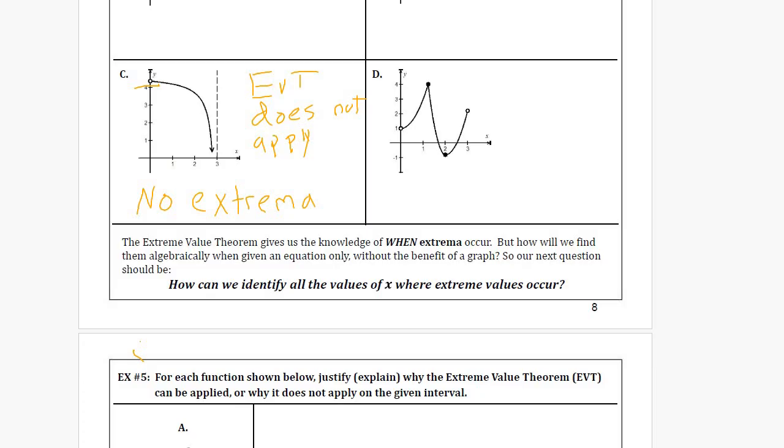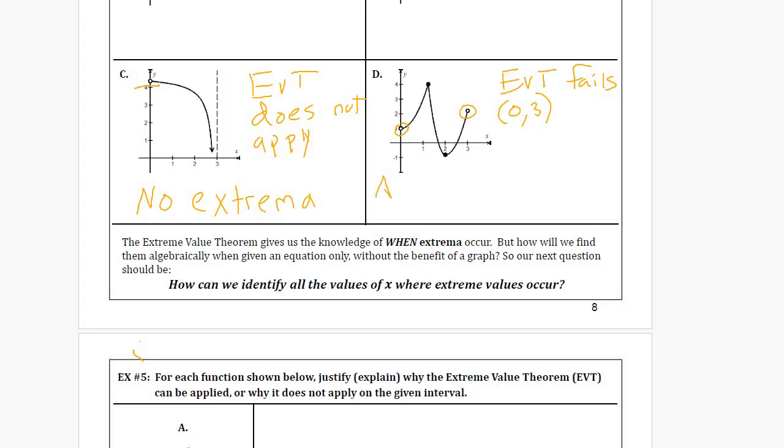On this last one, EVT also fails, okay, because these endpoints at the end, we only have the open interval from 0 to 3 instead of the closed interval.